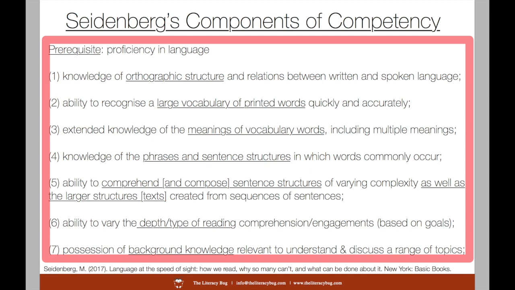And the ability to read for different purposes, at different depths, and to also continue to develop a rich array of background knowledge and experience as an impetus to want to read and learn, and also an impetus to want to communicate and express.